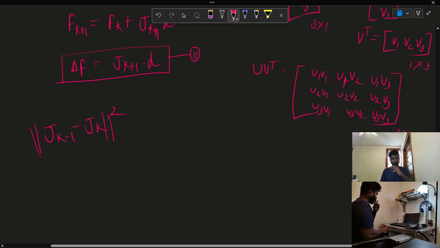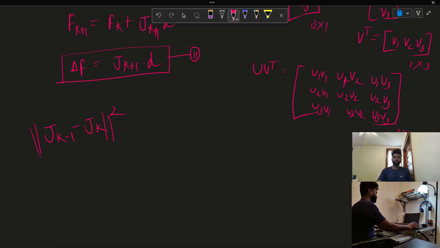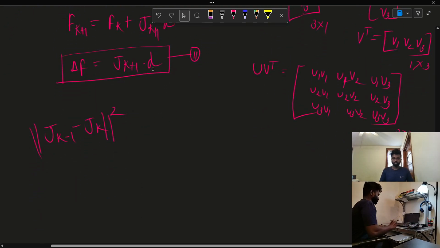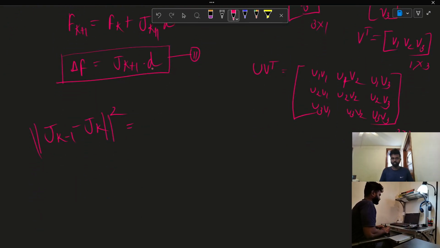Now, from the equations we can say J_{k+1} minus J_k is equal to u v transpose. So we can write the magnitude squared of u v transpose, both are equal, and we'll be doing the minimum of this.